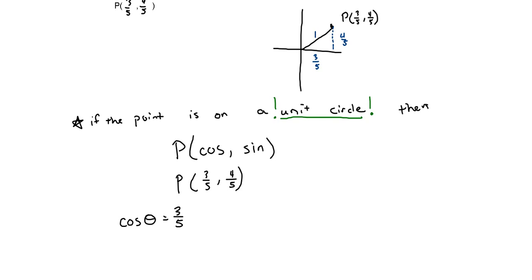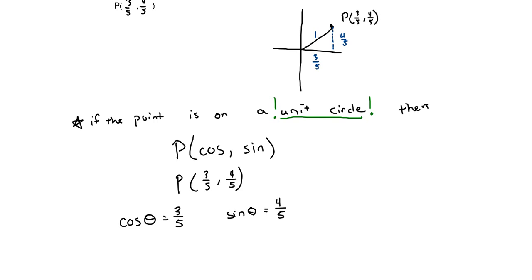And then the sine of theta is equal to 4/5. And it's done. You don't really need to do any work. You can do the trick again, but it's just telling you that opposite over hypotenuse is 4/5 over 1, and adjacent over hypotenuse is 3/5 over 1, and that's what we got.